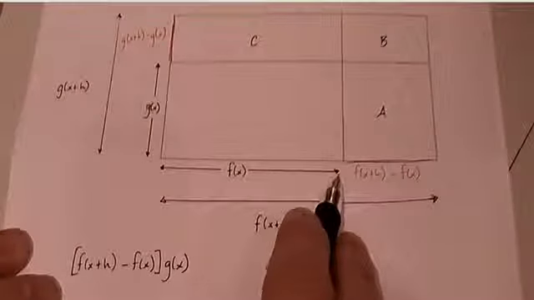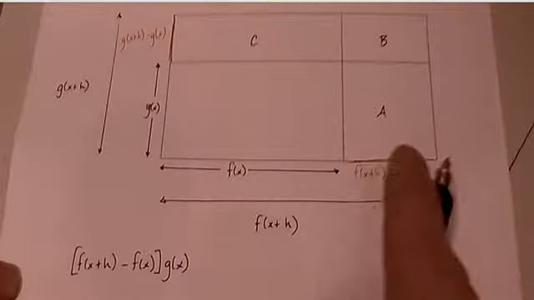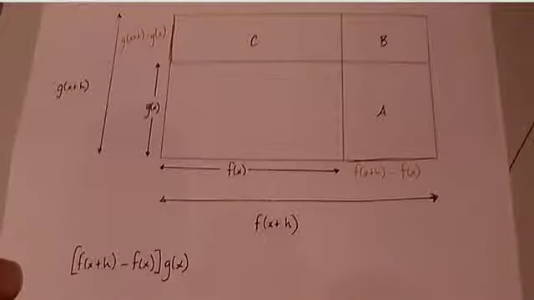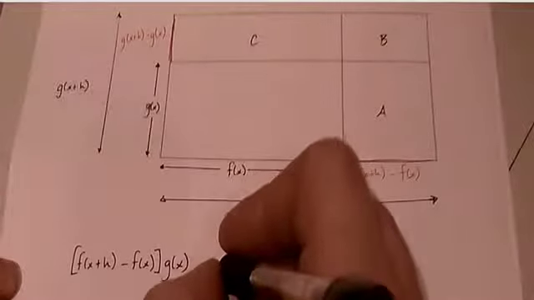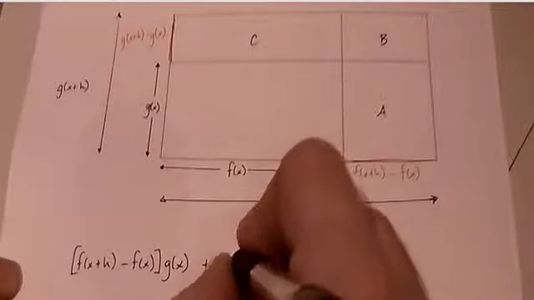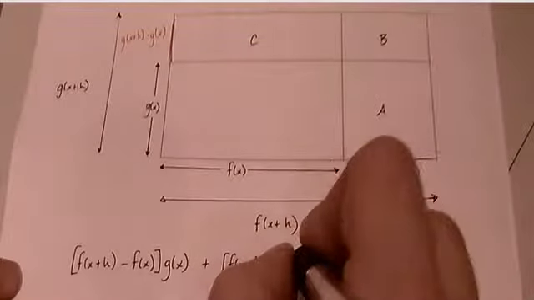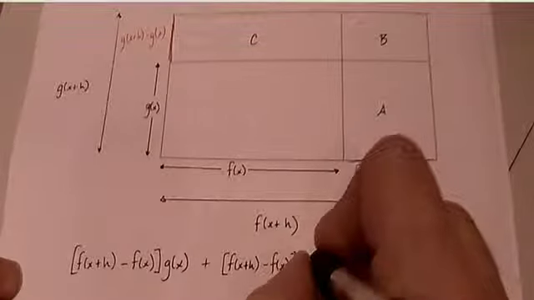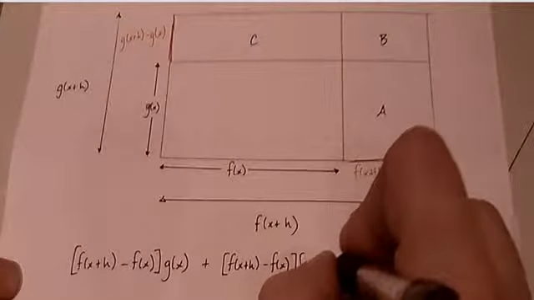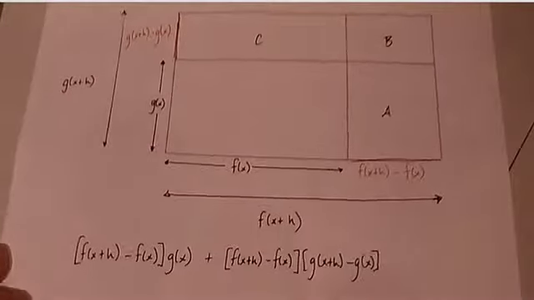So g of x times the difference of f of x plus h minus f of x. So we have the area of A. The area of B is going to be f of x plus h minus f of x times g of x plus h minus g of x, right?